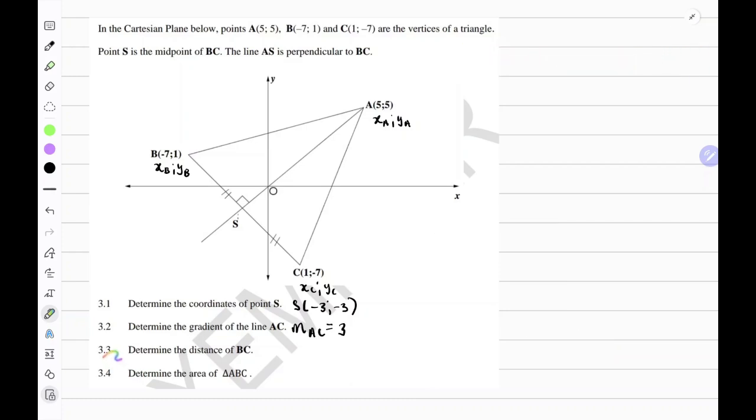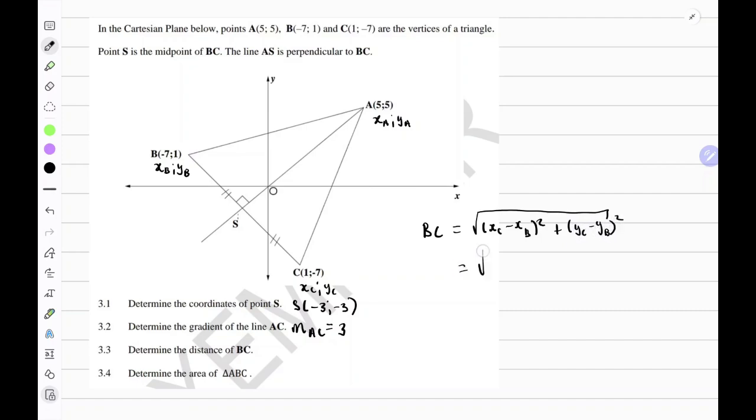The next question says determine the distance of BC. So we need to apply the distance formula. BC is equal to the square root of XC minus XB squared plus YC minus YB squared.